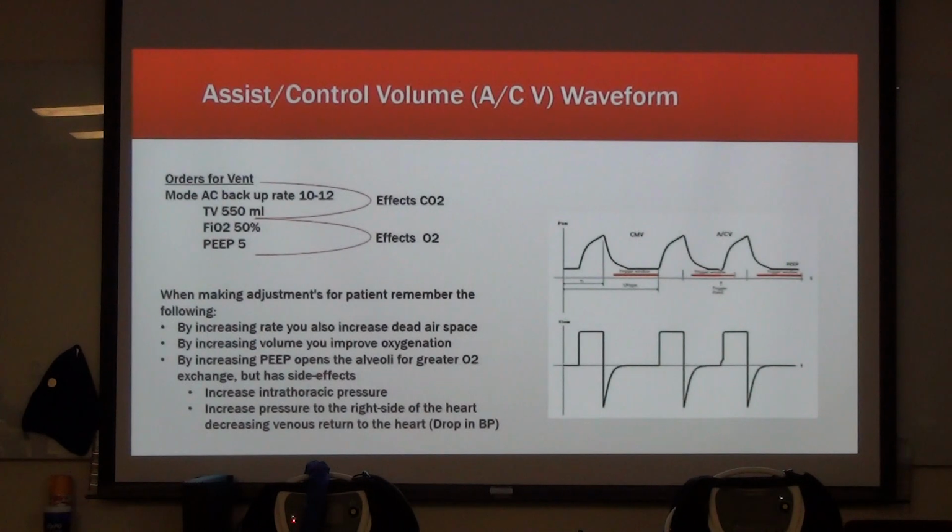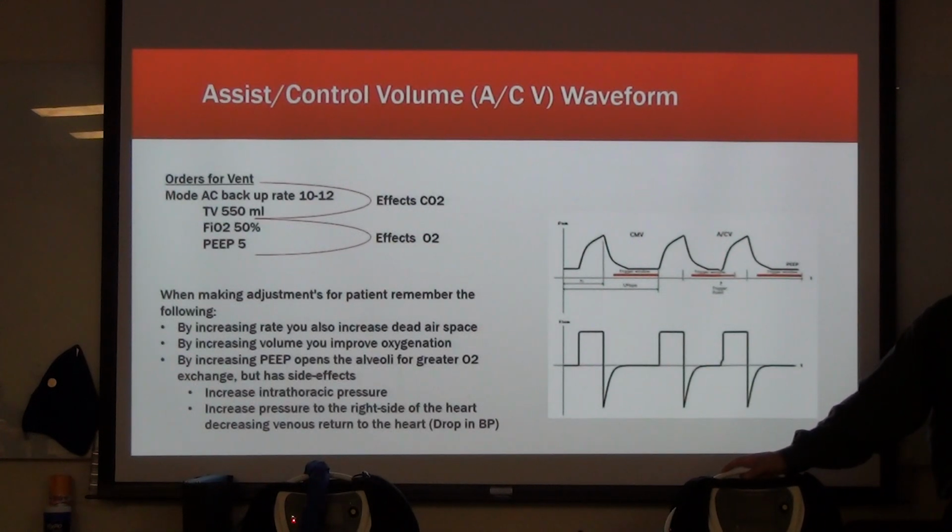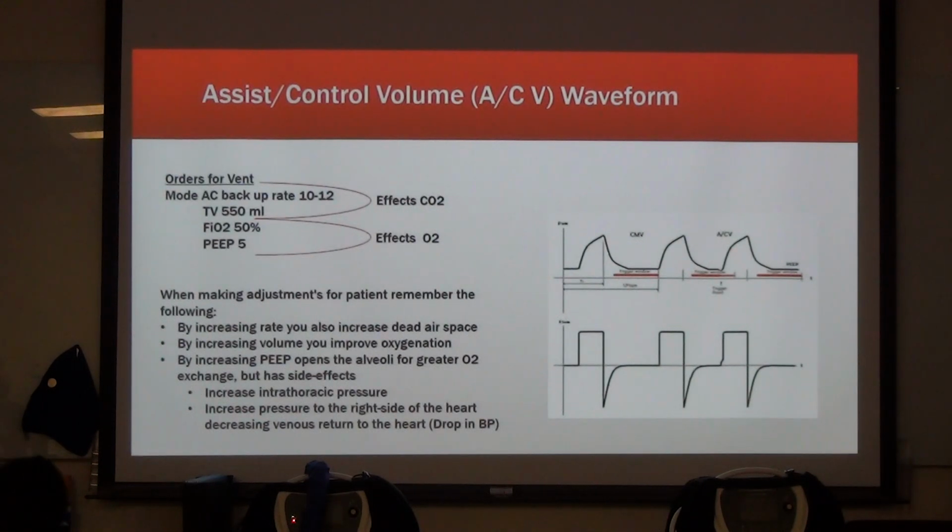Now, the first one, it's easy for us to turn around and say, well, we only have 2 FiO2 settings on this, 60 and 100. That's it. Why? That's just how they're made.